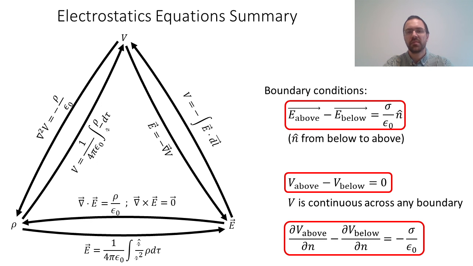E above minus E below is equal to sigma over epsilon naught along n hat, with n hat from below to above. The electric potential is continuous across any boundary, so V above minus V below equals 0. And partial V above over partial n minus partial V below over partial n is equal to minus sigma over epsilon naught.